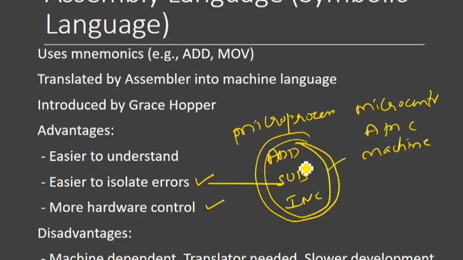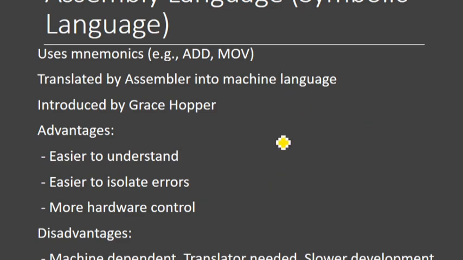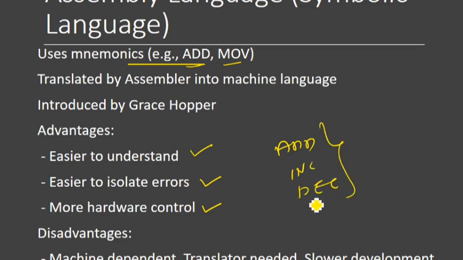So what I meant to say finally is that assembly code uses mnemonics or opcodes, is easy to understand and easy to find errors, and gives more hardware control. The disadvantage is that it is machine dependent. Translators are required because add, increment, decrement cannot be understood by the processor.